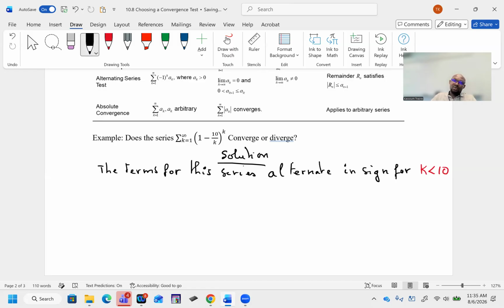And after that, the remaining terms will be positive, because if k is greater than or equal to 10, this term will always be positive, and the terms remain positive.